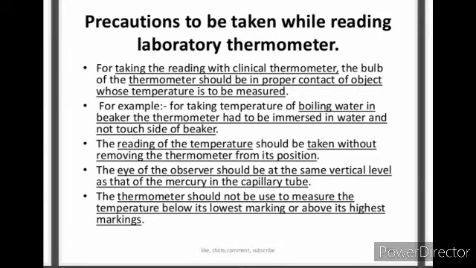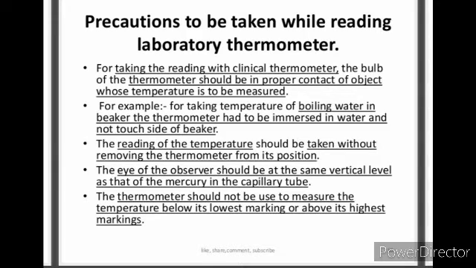Next, we will move to precautions to be taken while reading a laboratory thermometer. A clinical thermometer as such has no drawback, but there are certain precautions which should be taken to use a laboratory thermometer. The bulb of the thermometer should be in proper contact with the object whose temperature is to be measured.